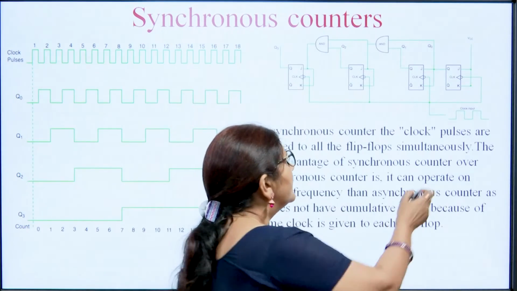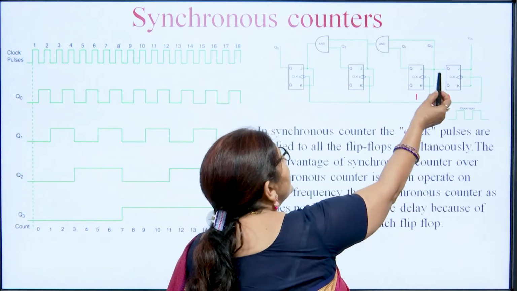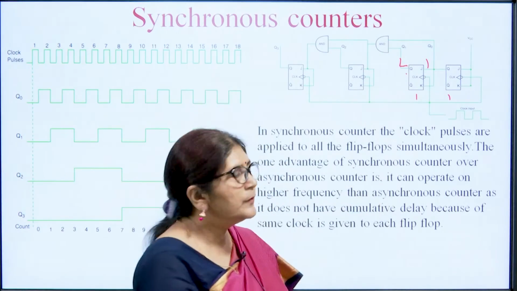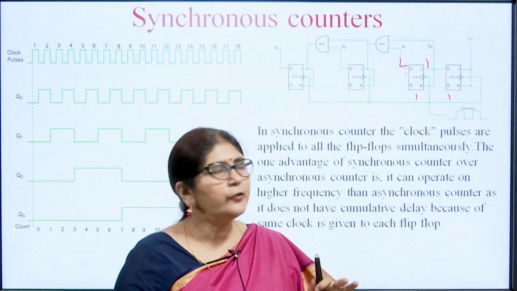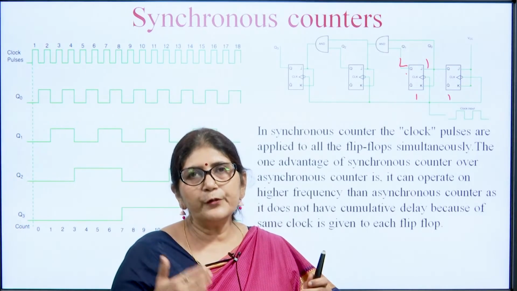So, we can see that when both this is 1 and this is 1, the outputs of both are fed to the AND gate, and we know that an AND gate gives an output when both inputs are high.